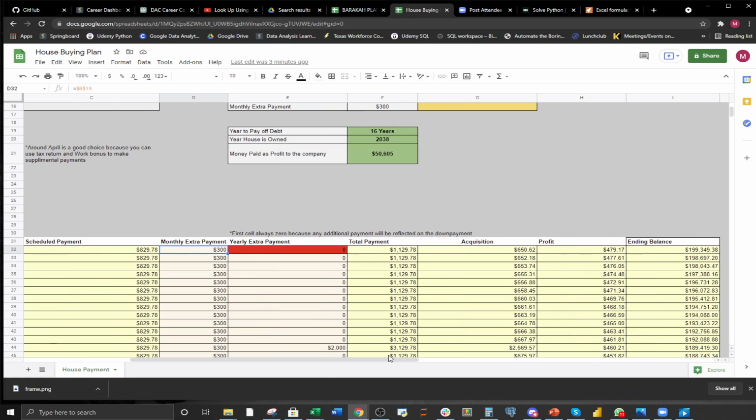And then the combination of yearly, monthly, and the scheduled payment is going to be the total payment. Of that total payment, a portion of it is going to go toward the principal, meaning that they're going to be buying this amount of your house, and the rest of it is going to go toward the profit that the company will make on top.